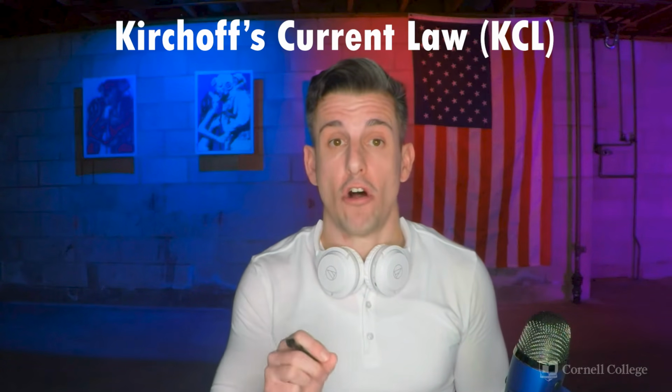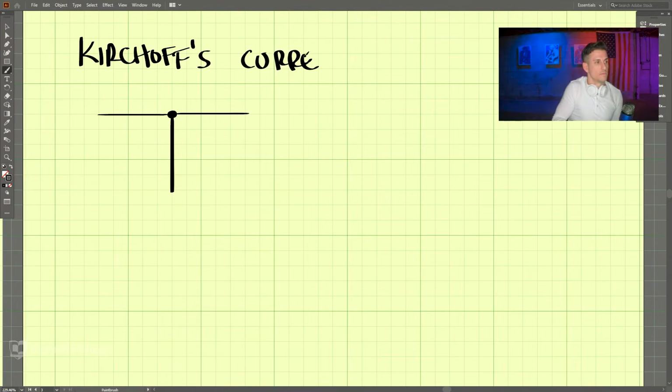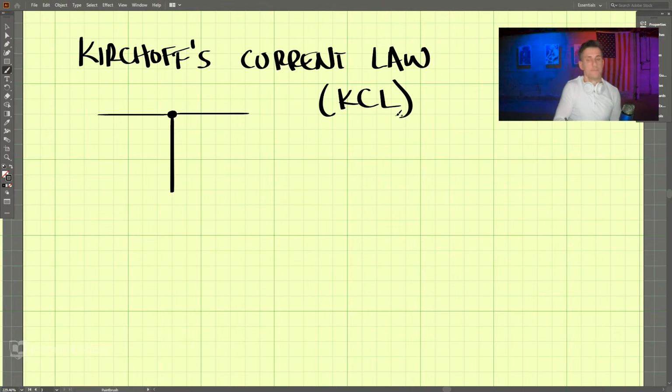Kirchoff's current law, sometimes called KCL. So, Kirchoff's current law. KCL. Okay, so let's say we have a node here.